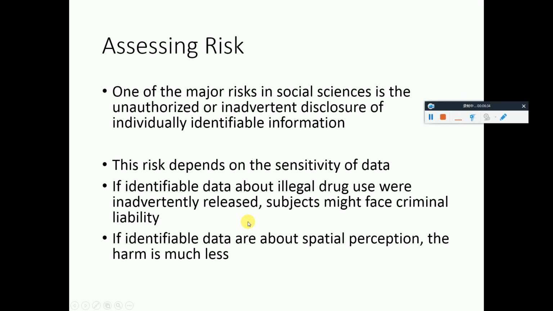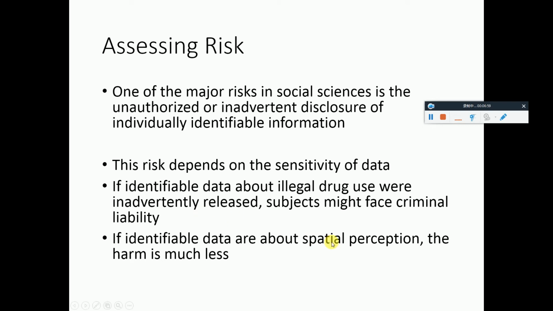In contrast, other types of information may not be sensitive at all. So a person might have bad spatial perception. That is, a person can easily get lost. They cannot read a map.